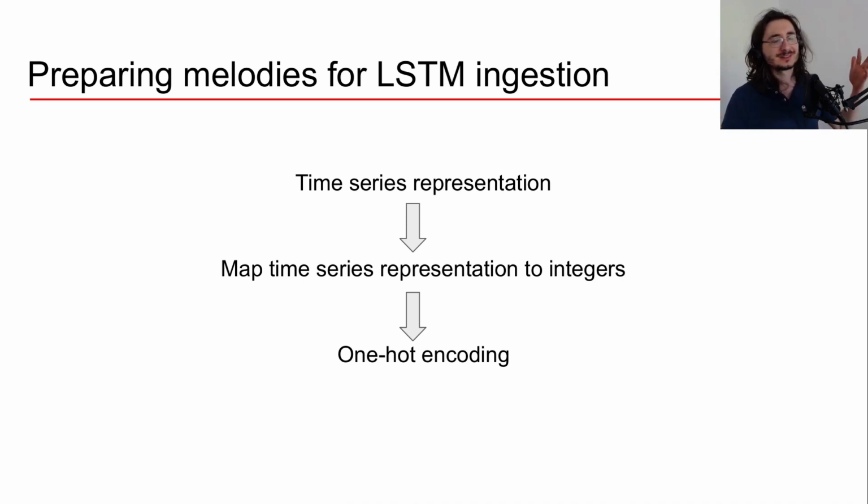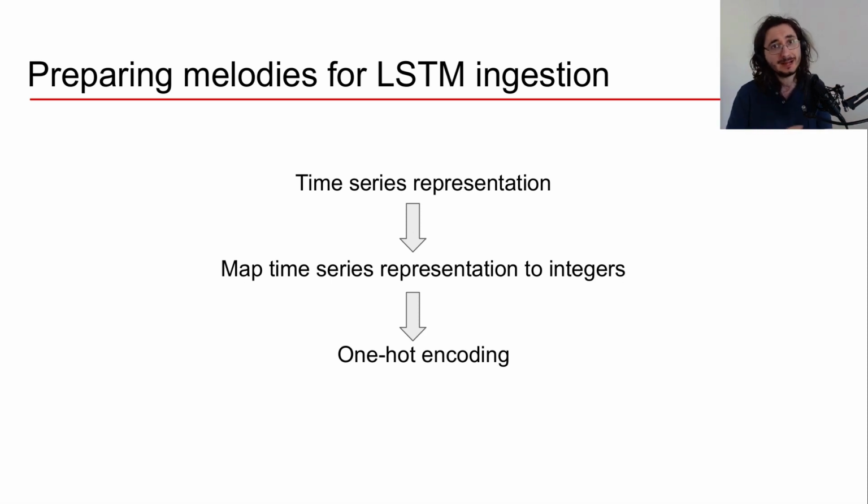Of course we have the MIDI notes and they are already integers, but then we have at least a couple of symbols: the held symbol, the underscore, and the R symbol, which are not integers. And obviously LSTM networks can't handle that type of data. So we need to map those into integers.